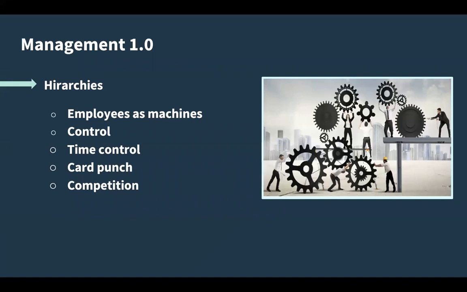And in this context, people had to adapt to organizations. And interestingly enough, most of the practices still being used today have been created in the early 1900s, and even though the environment has changed dramatically, these practices have not really evolved.